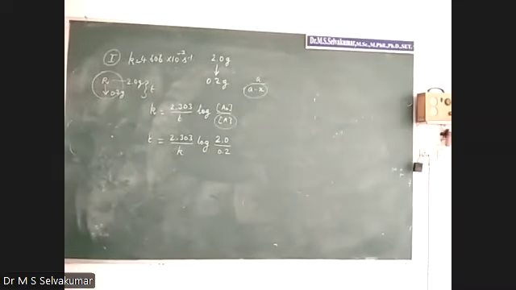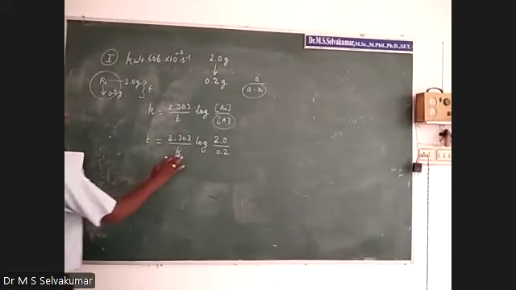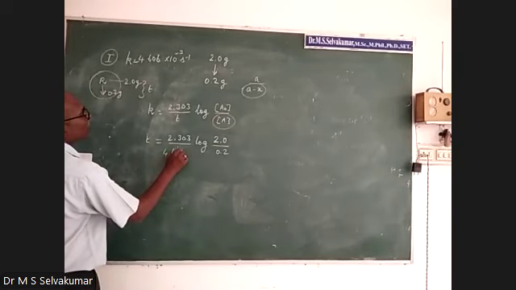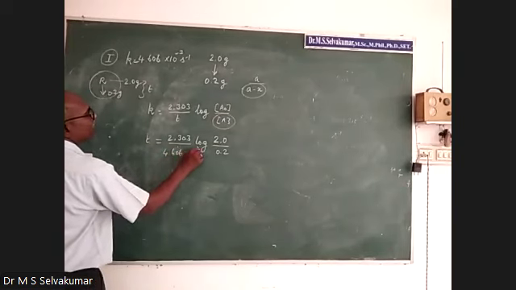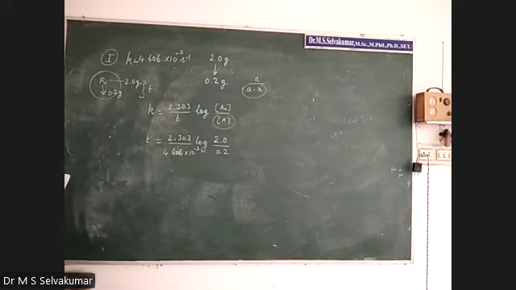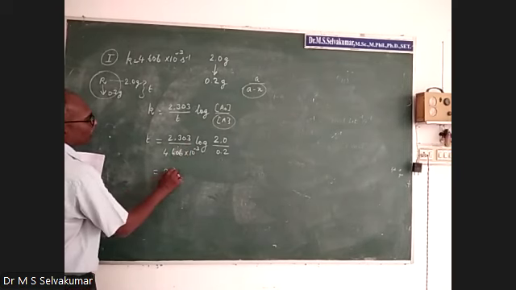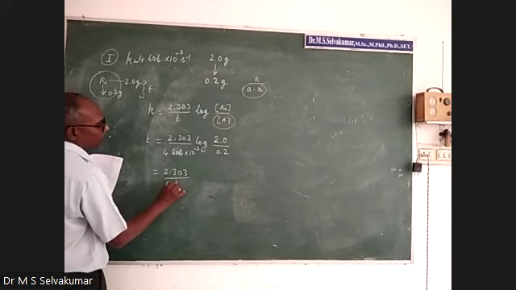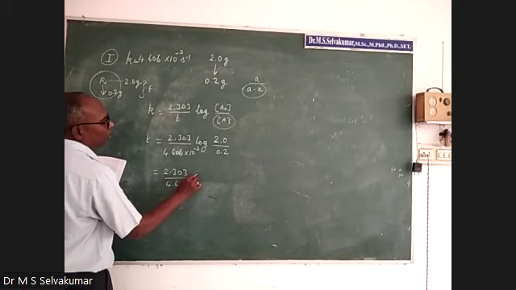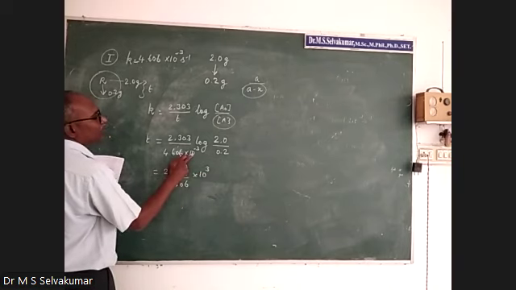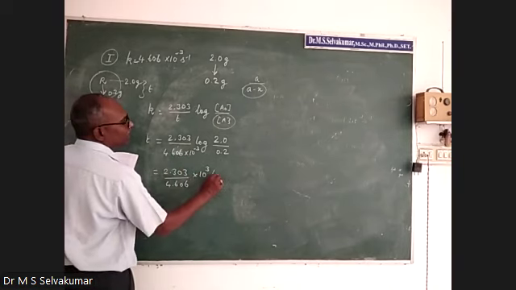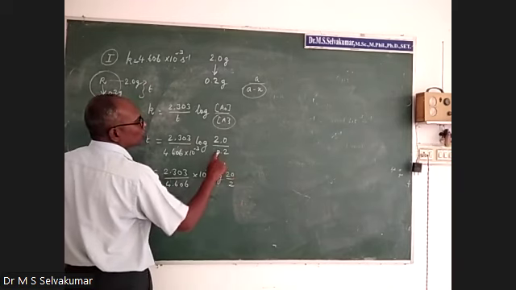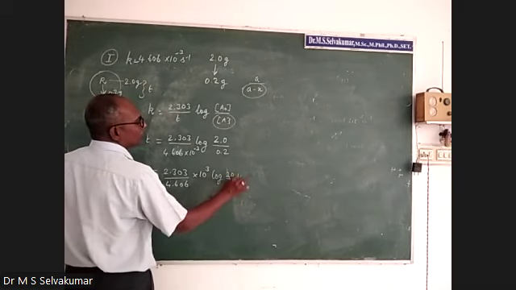You can substitute the value of K here, 4.606 into 10 power minus 3. So this is 2.303 divided by 4.606 into 10 power minus 3, which is 10 power 3 in the numerator, into log of 20 by 2. So 2 times, so this is 10.